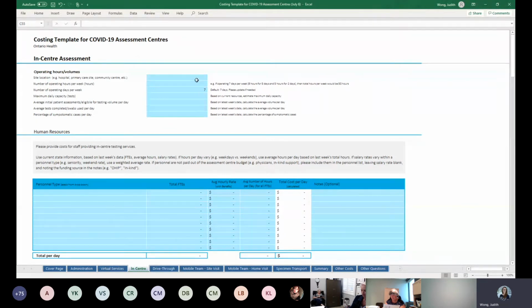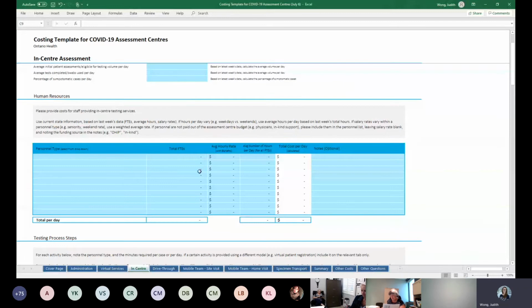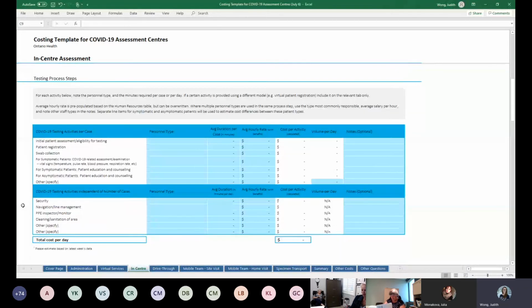Again, we're looking for information on your basic operations: the location of your site or sites, listing all of them if there are multiple locations, your operating hours and days, your typical volumes, your staffing, and your testing activities, which are again broken down by all the steps. We've tried to group the steps into the categories that we think will be most common to all centers. Recognizing these may not match your model exactly, try to fit your activities as best you can into this list. And there is a row for others specified.